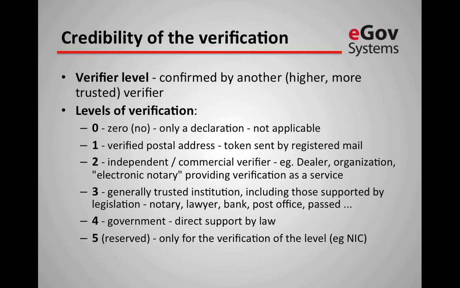There are various levels of verification. Level 0 is actually no level. It's only a declaration. Level 1 is for the verification of the postal address, that the person may be reached at his or her address. Level 2 is for a commercial verifier, like a company or electronic notary, who is providing the verification as a service for this community, and so on, or simply your friend.